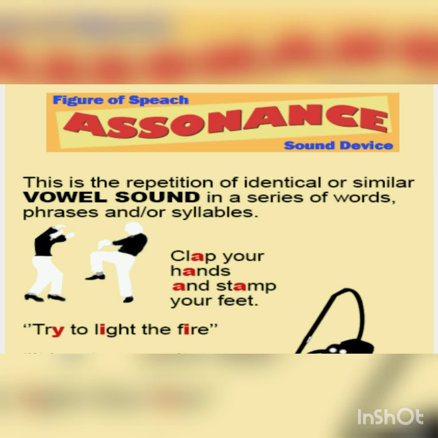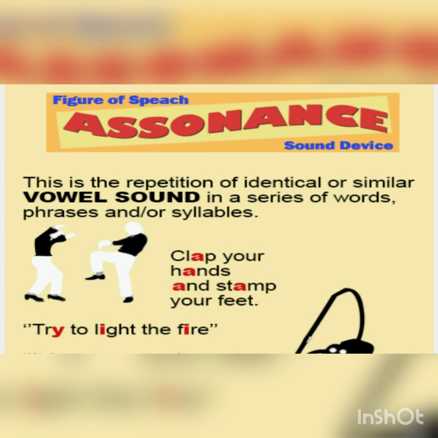Here we can see that A under clap, A has been used again in hands, and again in stamp. So the vowel sound A is being used 4 times in the same sentence.